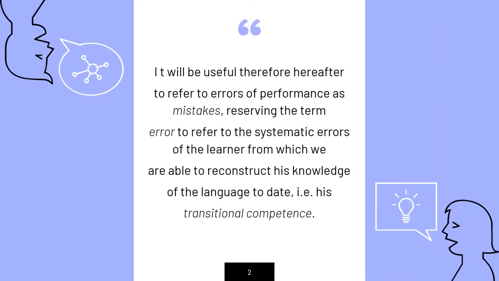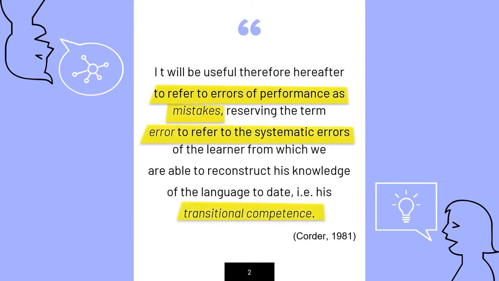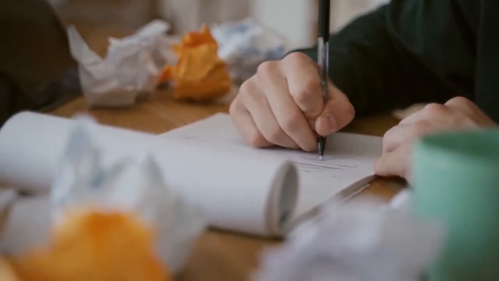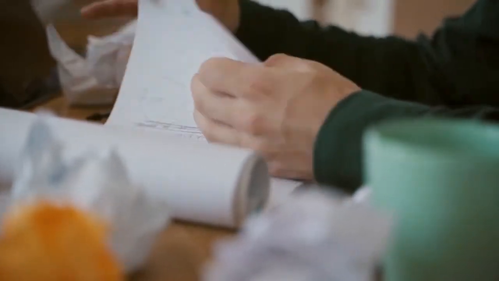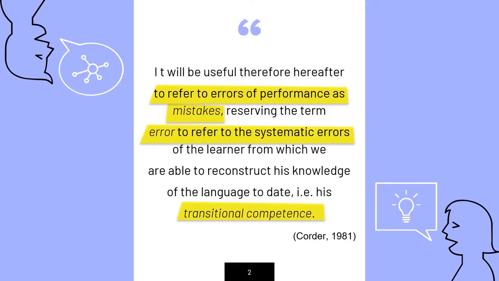That is, they are made during communication. He also believes that the word errors should be associated with deviations that are systematic in nature and that can then show what a student knows about language at any given moment during their learning process, something that he calls transitional competence.